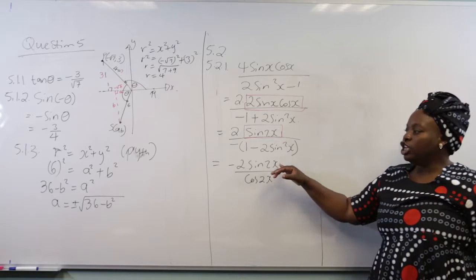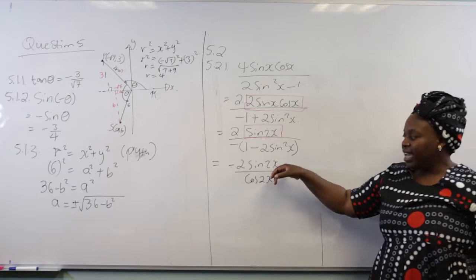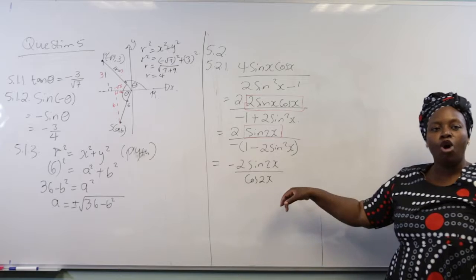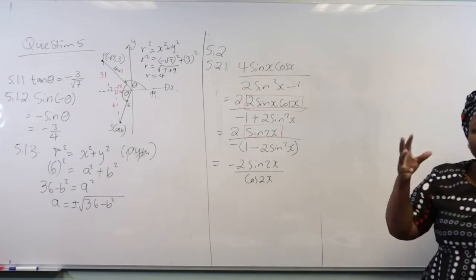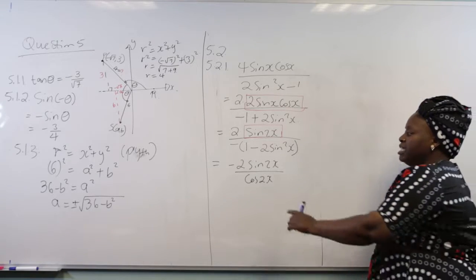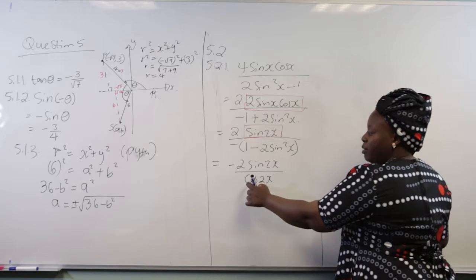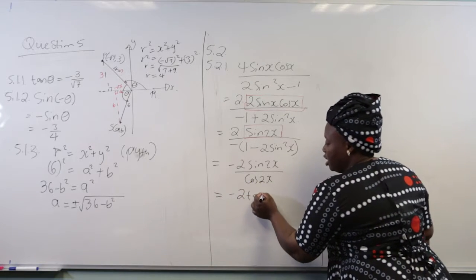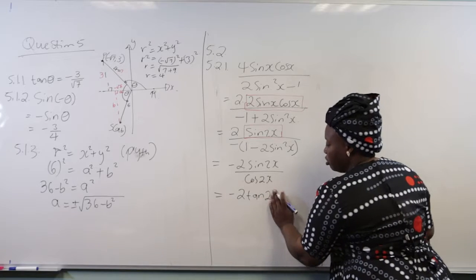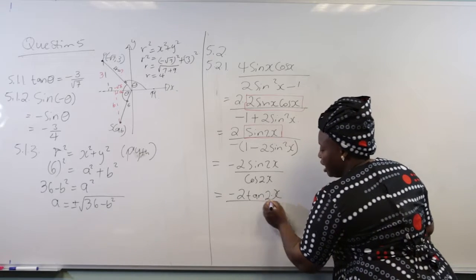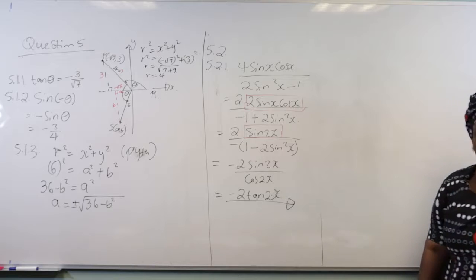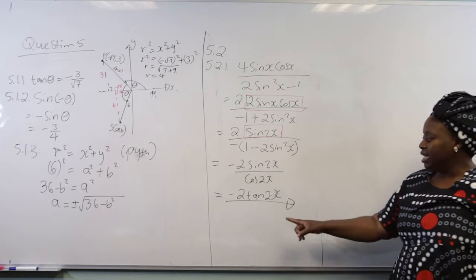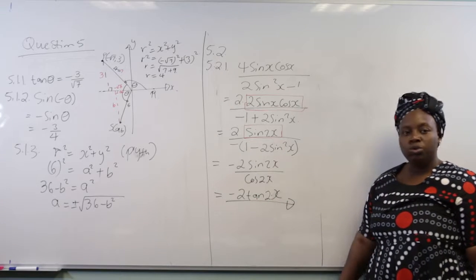Because according to the identities, sine of an angle divided by cos of any angle is the same as tan of that angle. So it means that sine 2x divided by cos 2x will be the same as tan 2x. So you can see now I'm on my single ratio, it's just tan 2x.